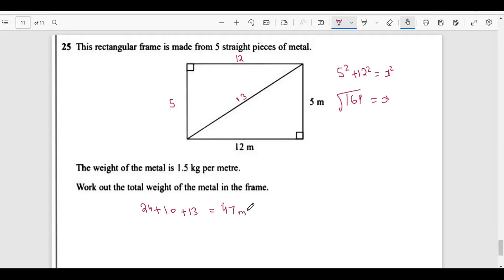This 47 meters is just the sum of the boundary sides or the total length of this shape. Per meter, the weight is 1.5 kgs. So if you have 47 meters, what would be the weight? 47 multiplied by 1.5, and that is going to give you 70.5.